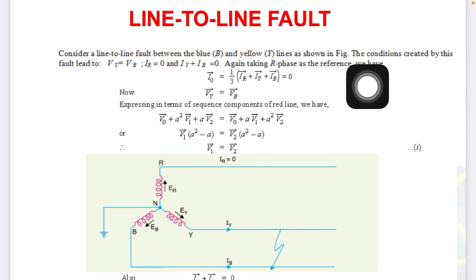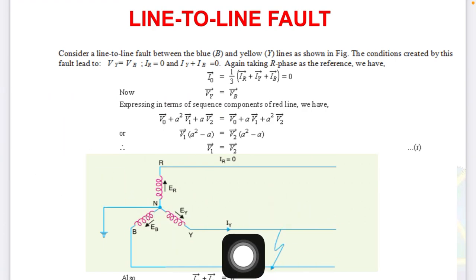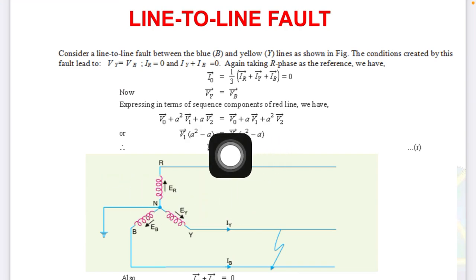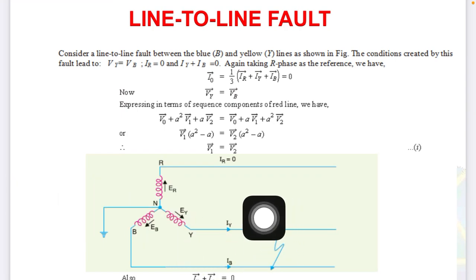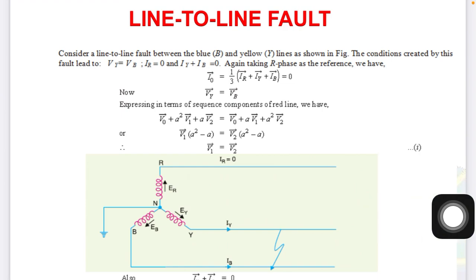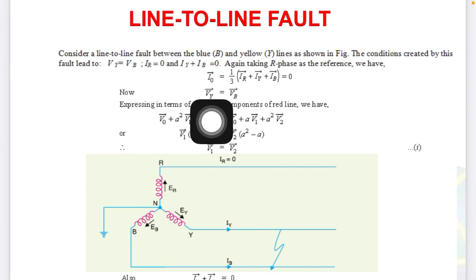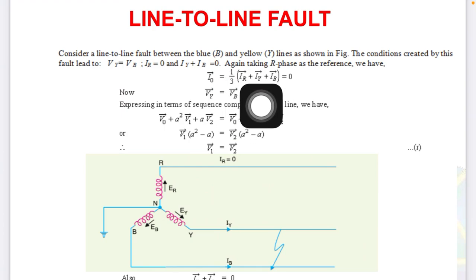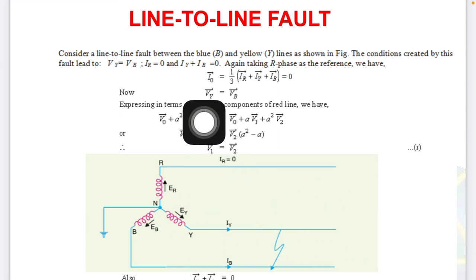Under the fault condition, the voltages of the Y and B phases are equal, so I can write Vy is equal to Vb, where the current from phase R is 0, and Iy plus Ib is equal to 0. The R phase is considered as the reference phase, so I0 is equal to 1 by 3 of IR plus Iy plus Ib, which is equal to 0. For the fault on the Y and B phases, Vy is equal to Vb.